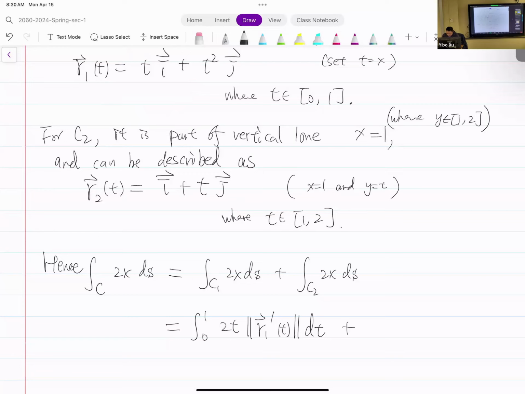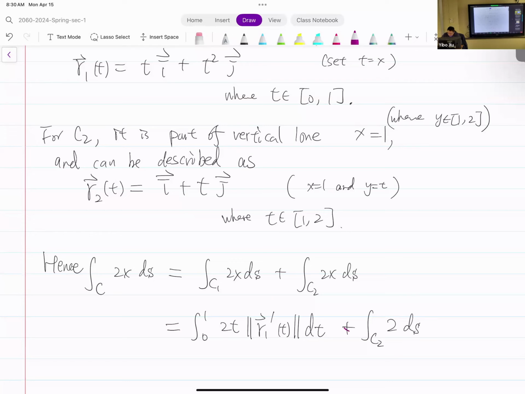And now for C2, we also just write down the curve. C2 is nice. It's easy in the sense that only the y value is changing, and the x value is always 1. So we directly write 2 that we accumulate along the C2 subpiece, right?